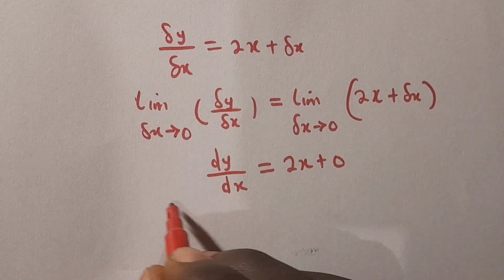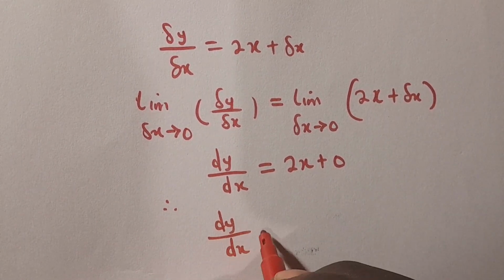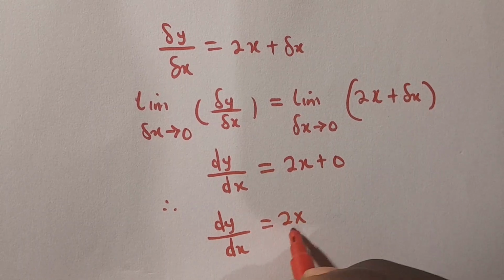And so therefore, dy over dx will now equal 2x.